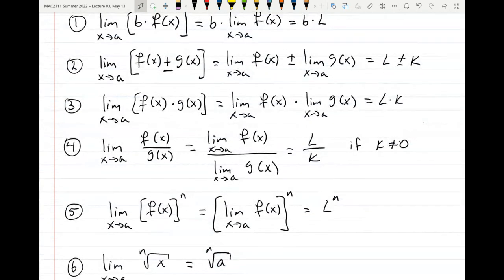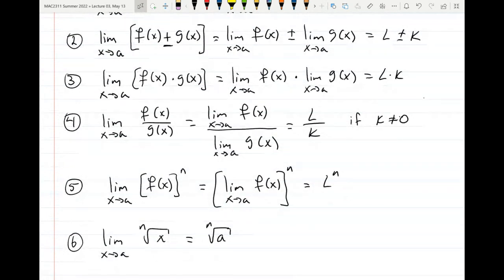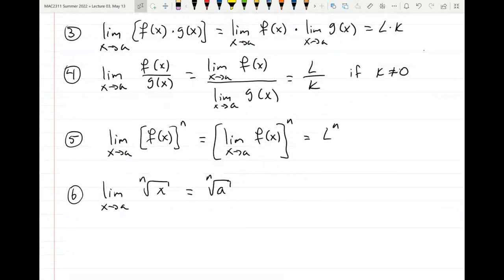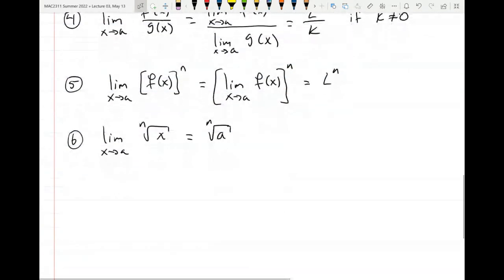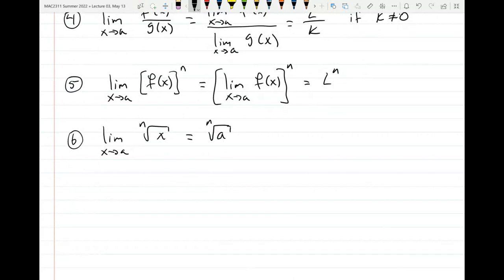The limit of the product is the product of the limits, as long as both exist. Same thing for the quotient, but we need to make sure that the bottom is not equal to 0. And the limit of a function raised to a power is equal to the limit of that function, which is just L, for example, raised to the power. Same thing with the radical: if you have a radical, then you just evaluate the radical.